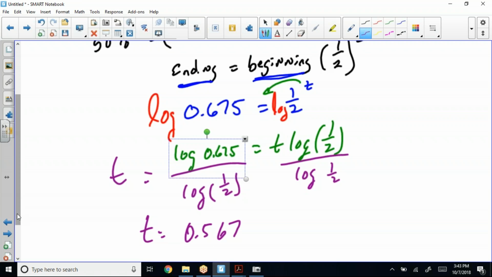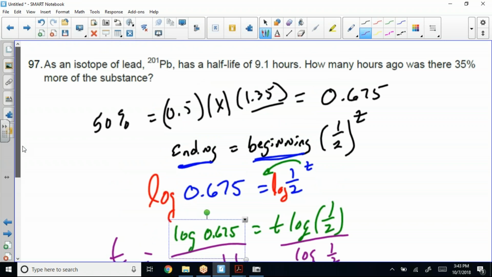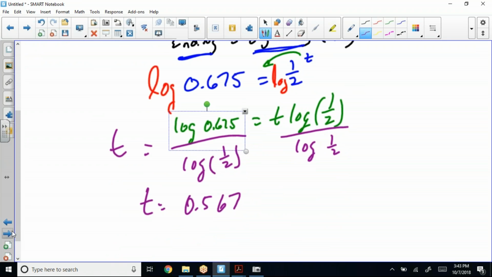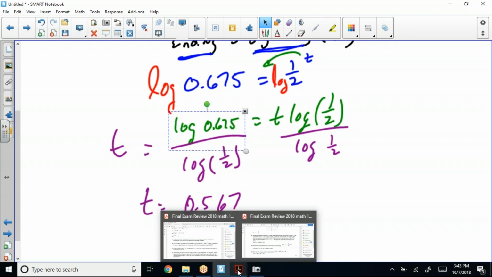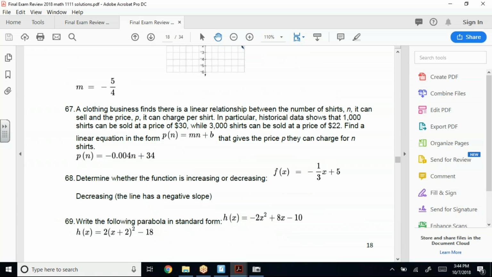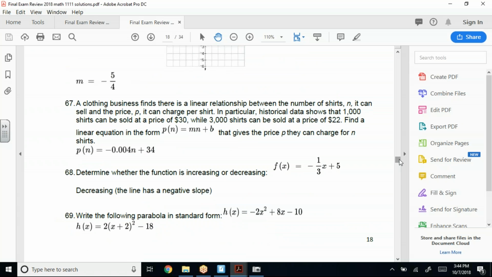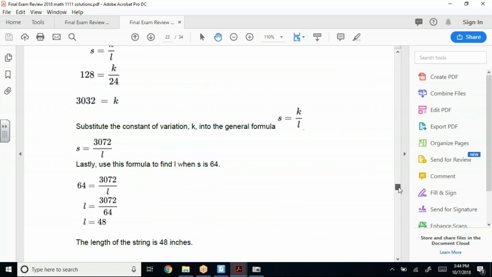Alright, now let's go check and see what they got. I said that. Did anybody else get 0.567 before I checked that?